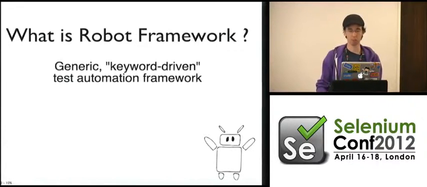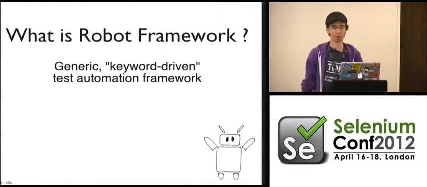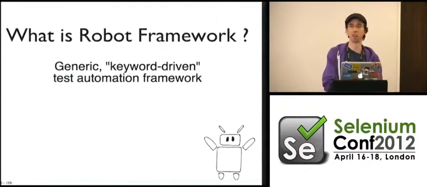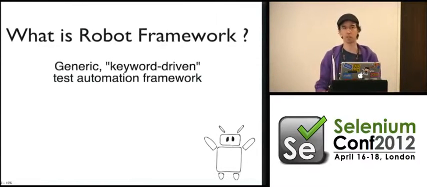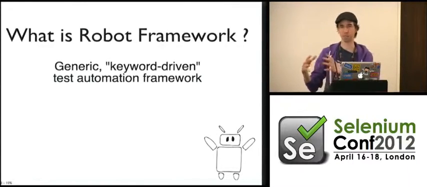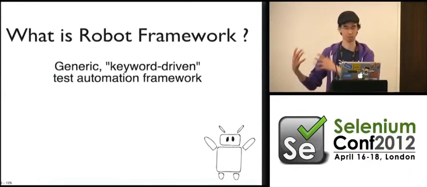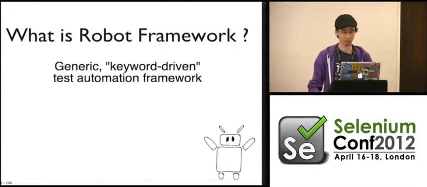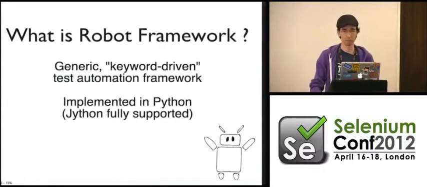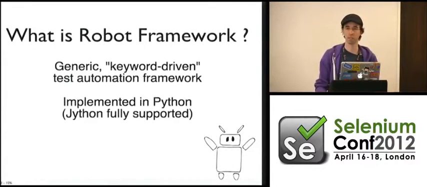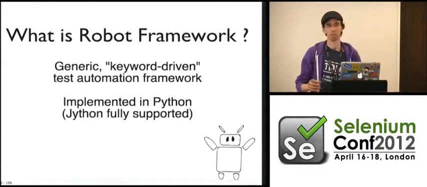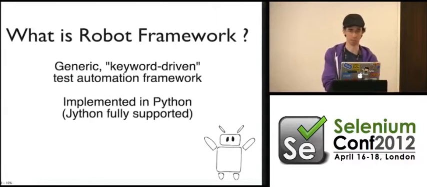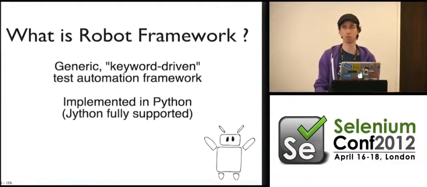Robot Framework is a generic keyword-driven test automation framework. Because that sounds so generic, I'm going to at least give you an impression of how that feels by showing lots of code and lots of examples. It's implemented in Python, but Jython, the Python version that runs on the JVM, is fully supported by the core team.